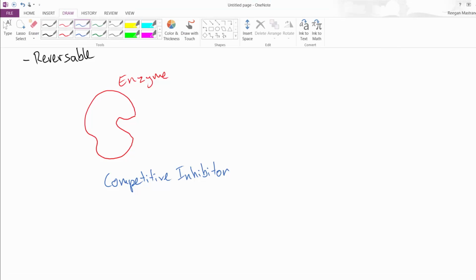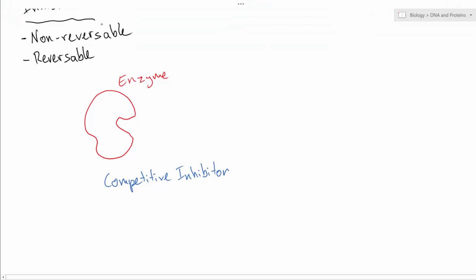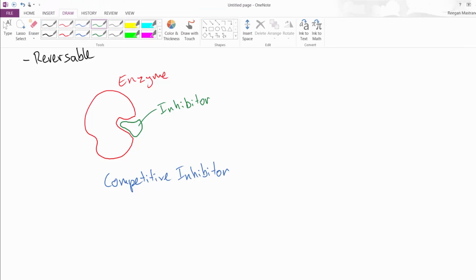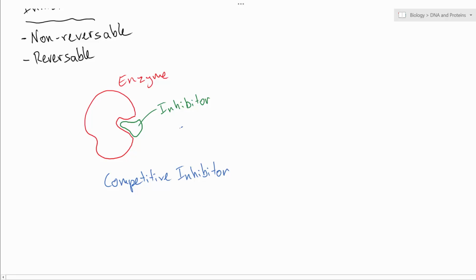So what will occur here is with a competitive inhibitor, we have a substance, so this is our inhibitor here, which shares a similar shape to a substrate, which the enzyme wants to break down.